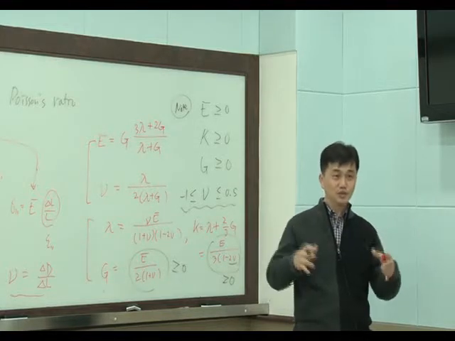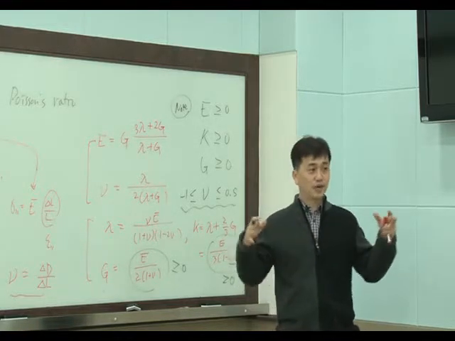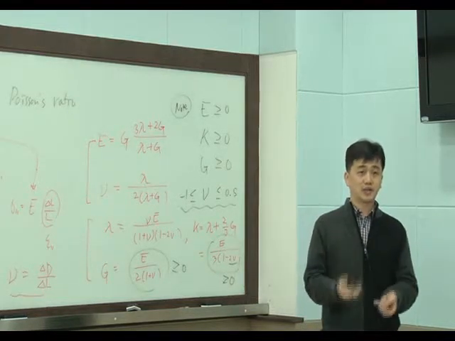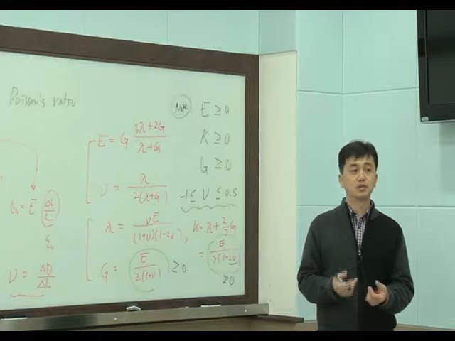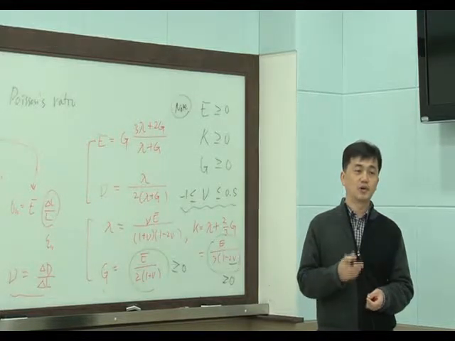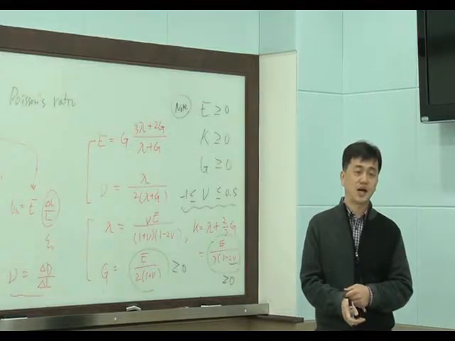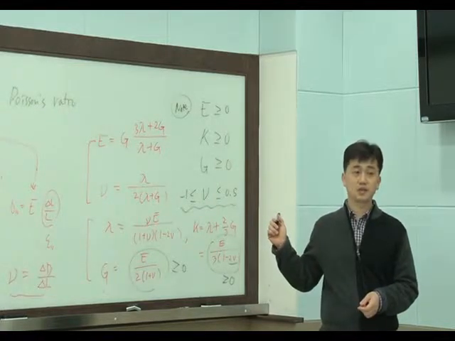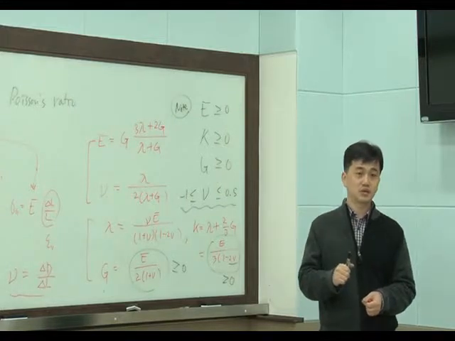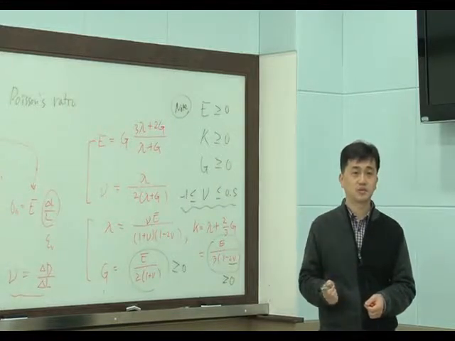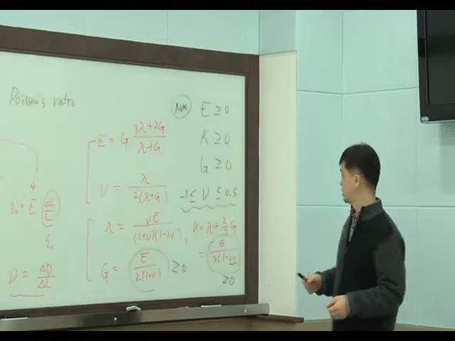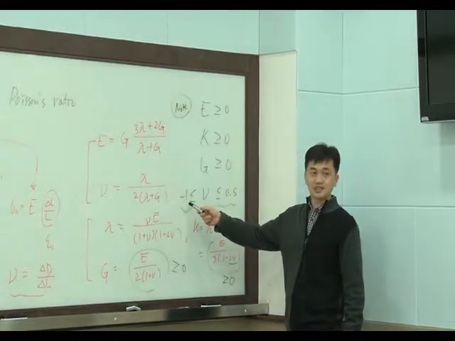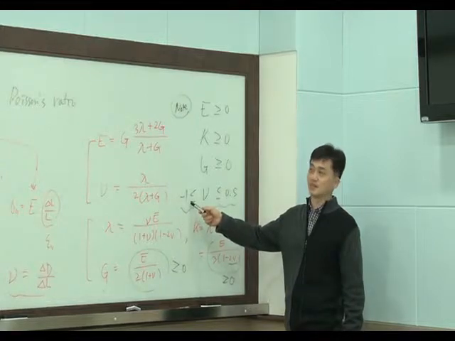So even if you increase the hydrostatic pressure, volume doesn't change. It means incompressible. So usually one of the assumptions in hydrodynamics for water is the incompressible condition. It means for water, the Poisson ratio is almost 0.5, not 0.